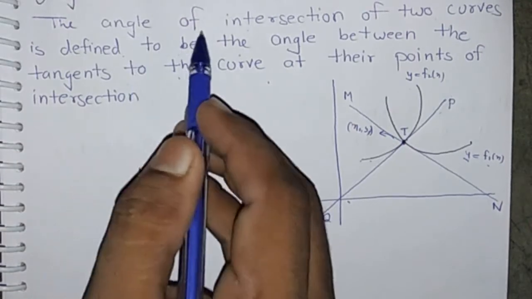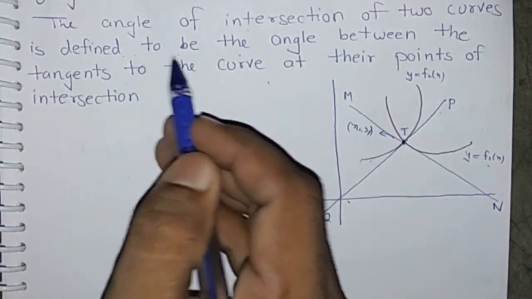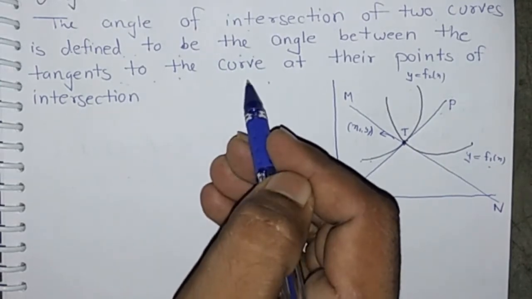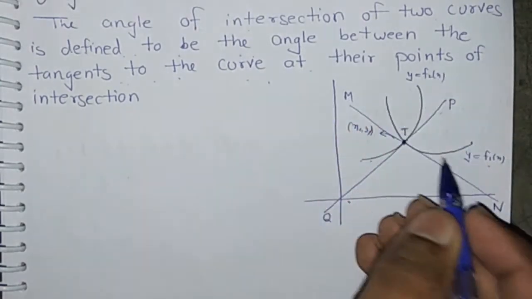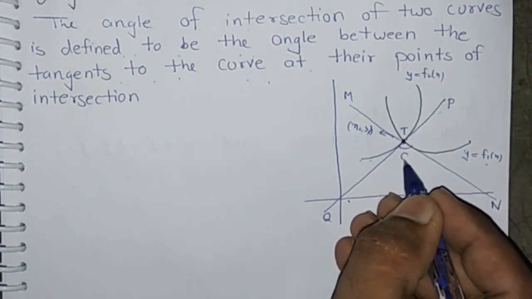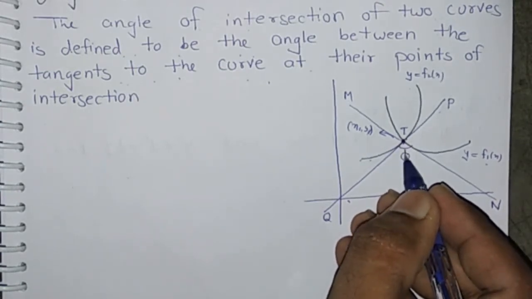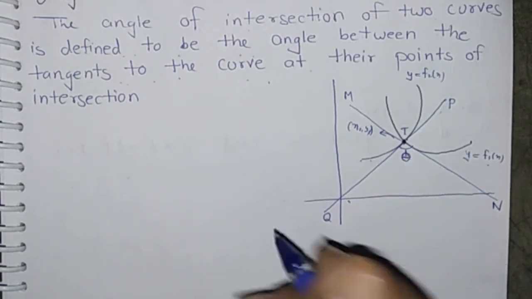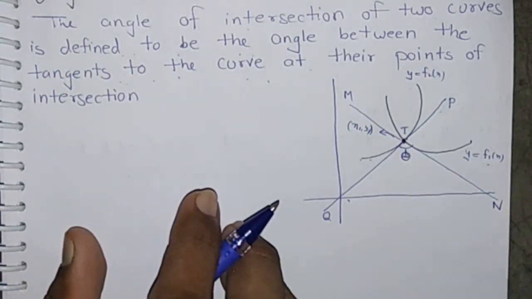Then the angle of intersection of two curves is defined to be the angle between the tangents to the curves at their point of intersection, and let it be theta. Theta is the angle between two curves.